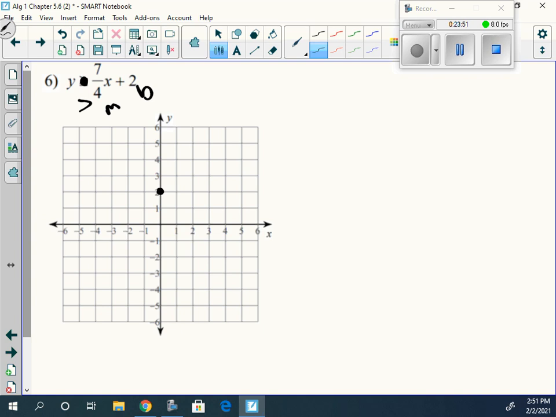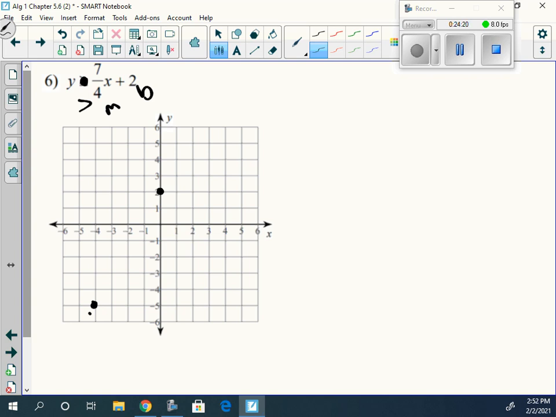We're out of room. But I can go which direction? 1, 2, 3, 4. Because if I go up and right, that's positive and positive, which is fine. But since I went down 4, that's negative, I need to go to the left.